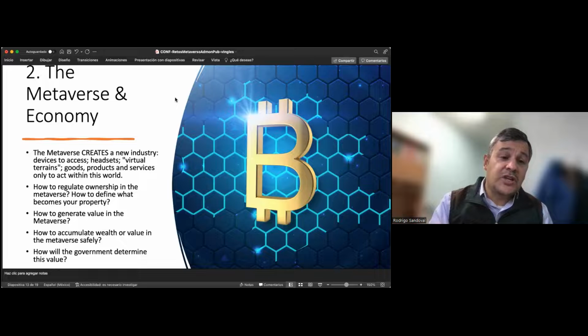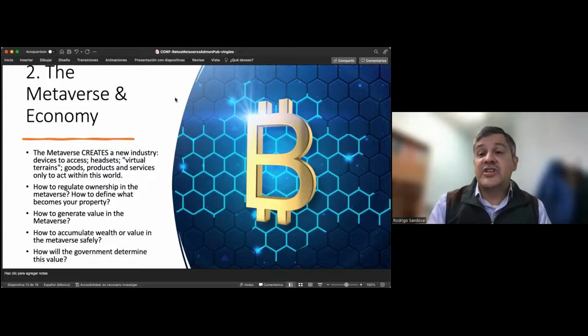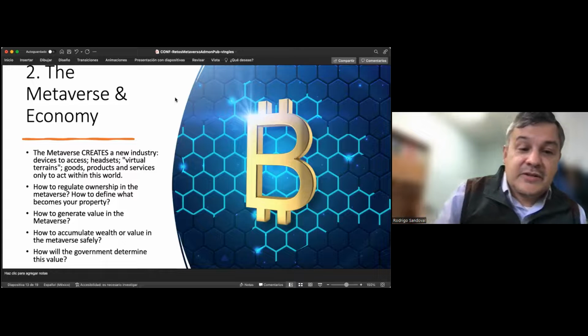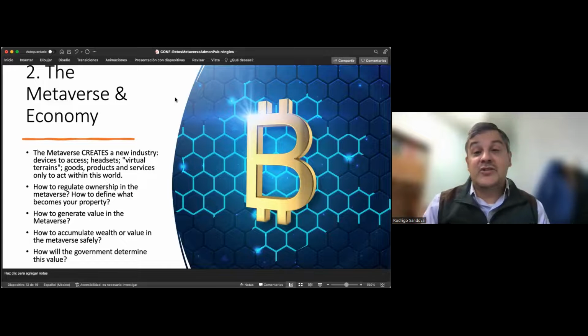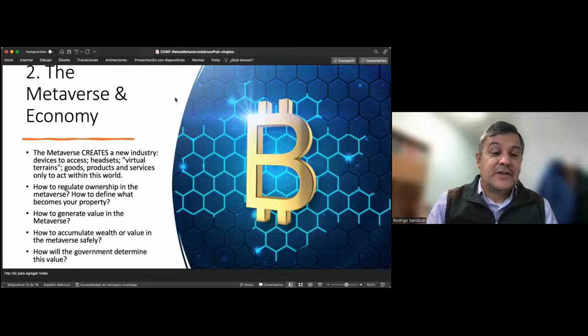The other question is, if the metaverse generates value, how to accumulate and decide this value, how the government can charge taxes using this value, how to accumulate this value safely, so that it is not from criminals or from bad sources.